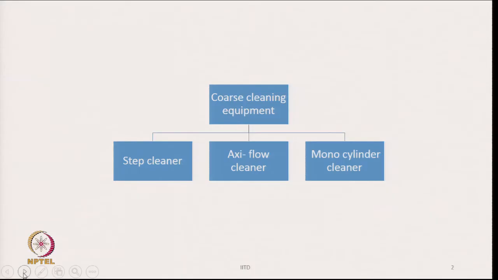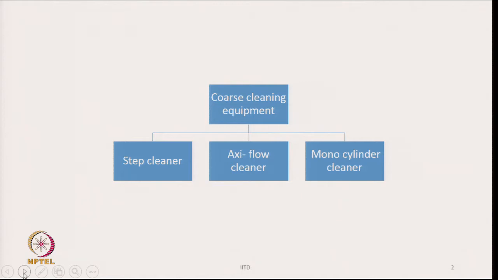Now, we will discuss the other machines that you use, the machines which are known as coarse cleaning equipment. Here there are three machines which are normally used. They are known as step cleaner, axi flow cleaner or monocylinder cleaner.